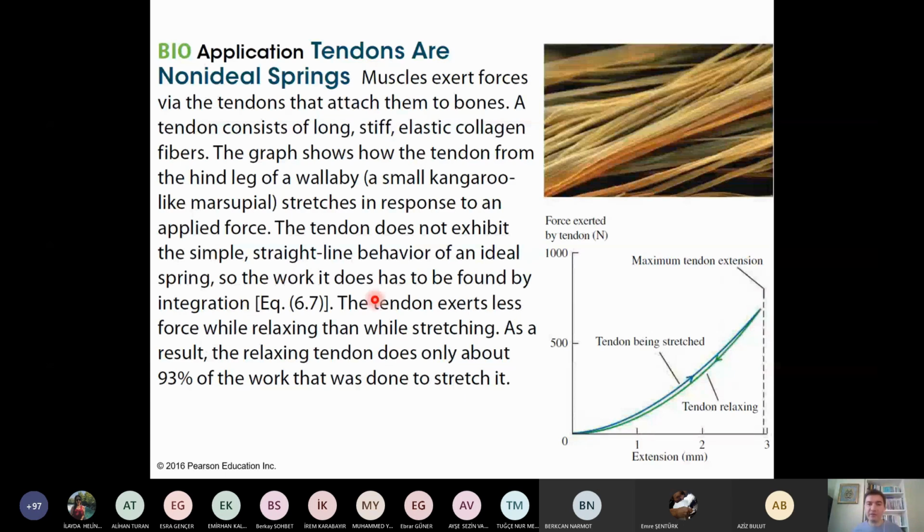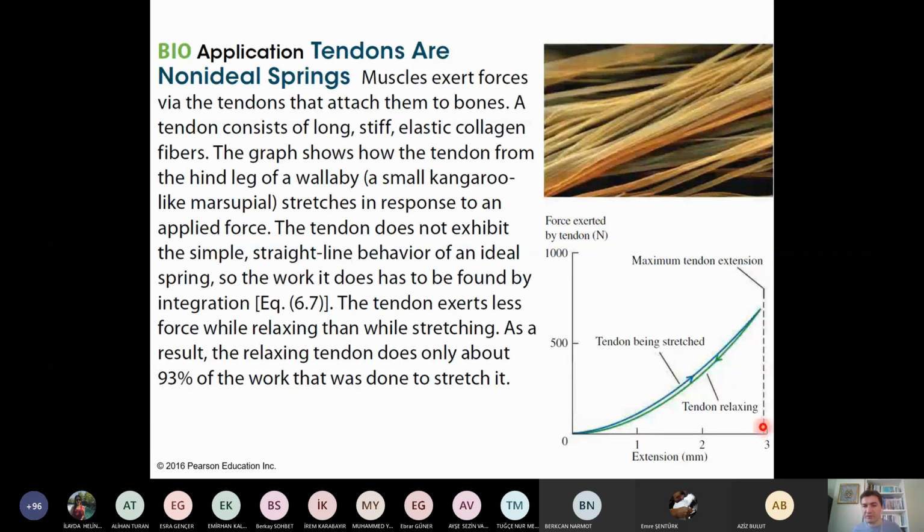The tendon exerts less force while relaxing than while stretching. Look at this one. This is the stretching of the tendon. You elongate the tendon, you increase the length of the tendon. So then the force exerted by the tendon is given with this expression. This is the maximum tendon extension, maximum stretching you can consider, and then the tendon relaxing back to its initial condition, okay?